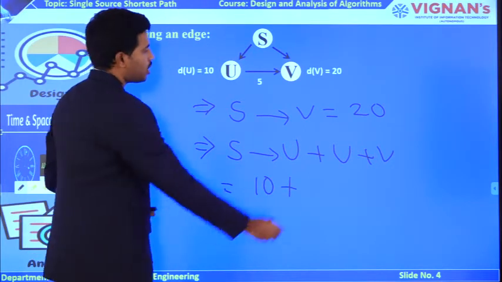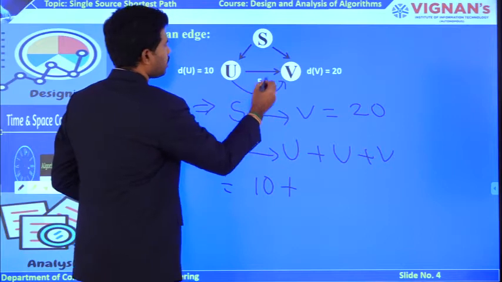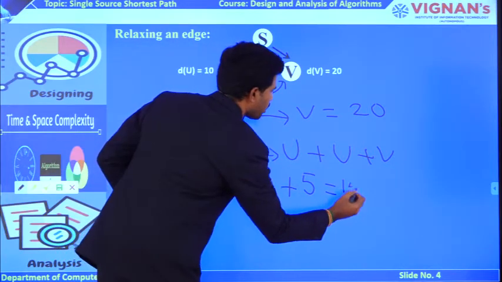What is the cost to reach from U to V? Nothing but 5. So together it is 15.